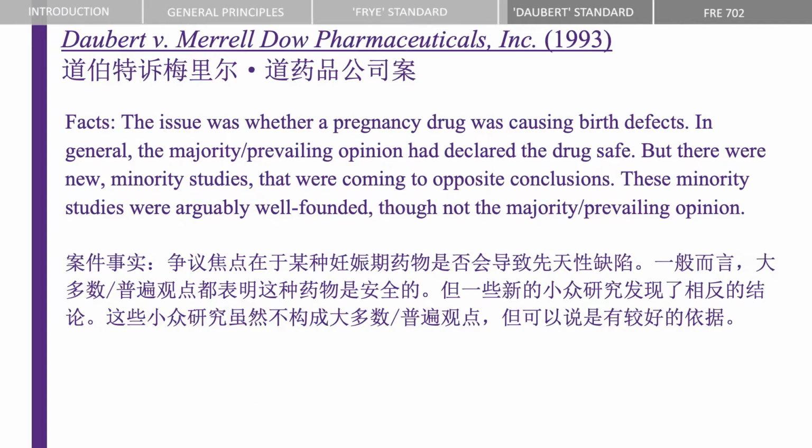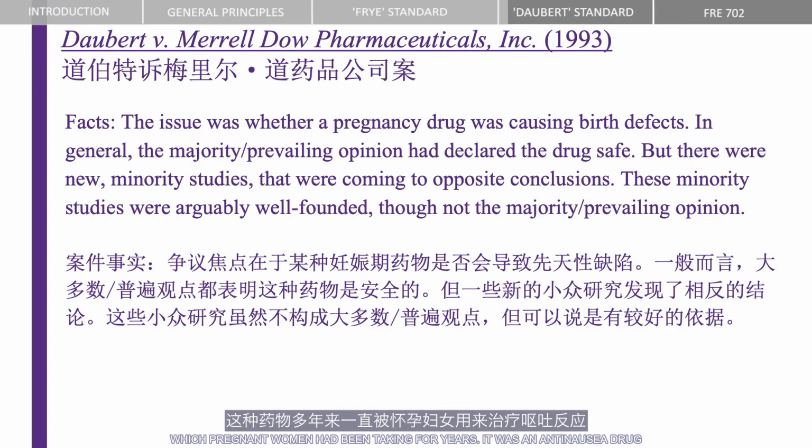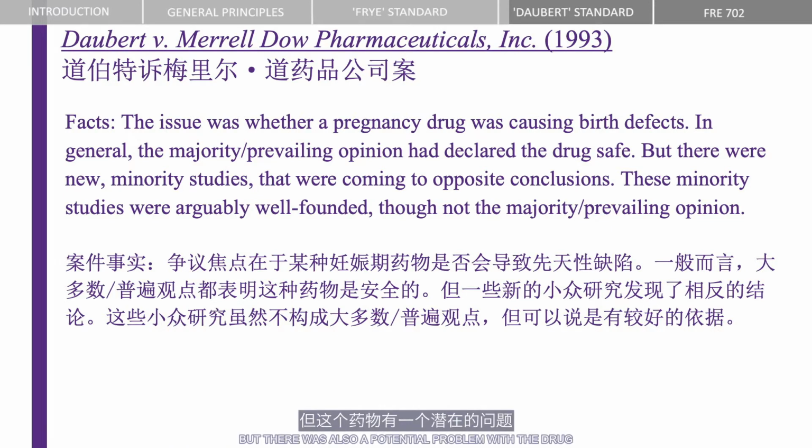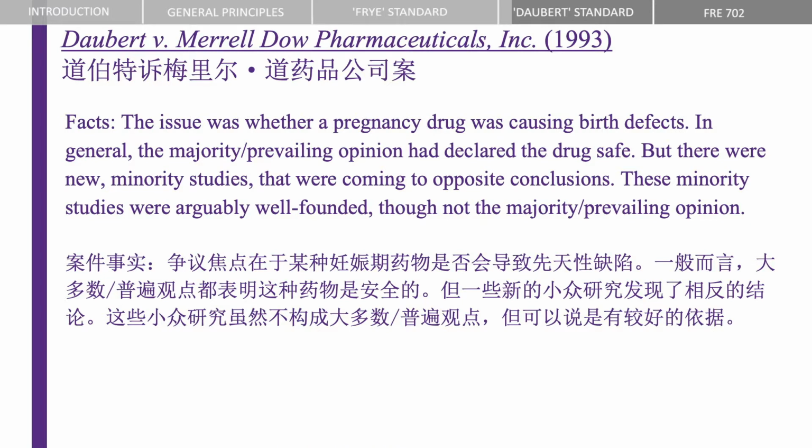In Daubert, the issue was this drug called Bendectin, which pregnant women had been taking for years. It was an anti-nausea drug. But there was also a potential problem with the drug, which was that some women, when they delivered their children, were delivering children with birth defects.